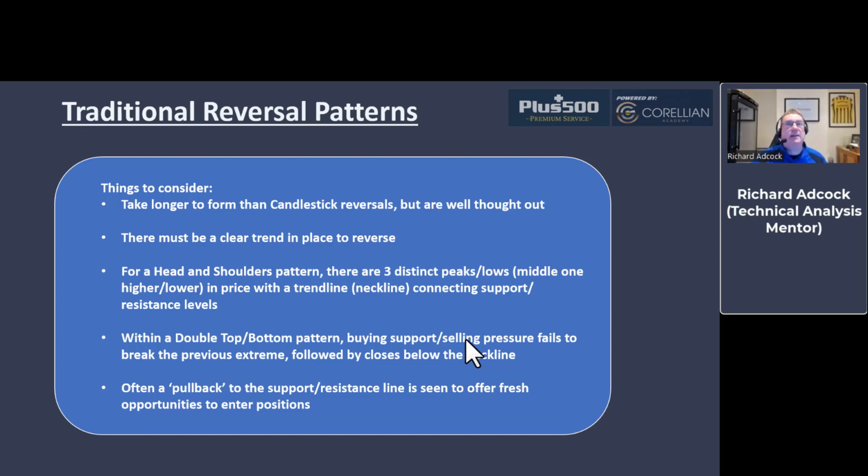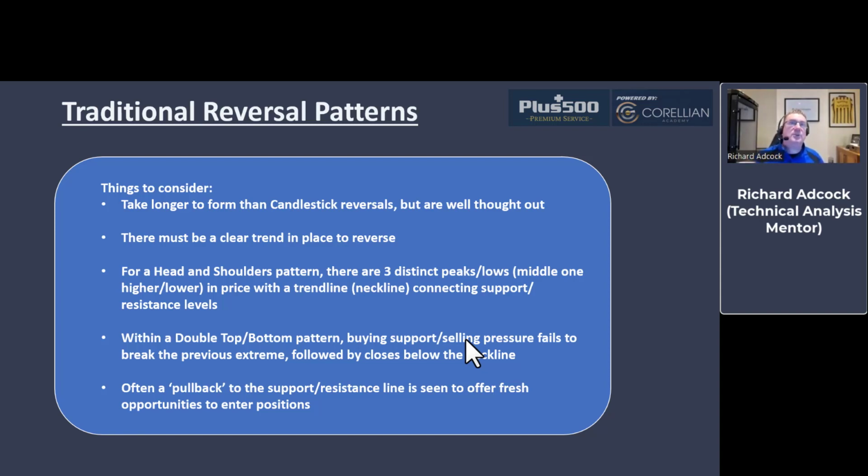So that failure gives us 2 clear, distinct peaks within for a bearish reversal or troughs for a bullish reversal, again with closes above or below the neckline, as reflecting the important sentiment shift and confirming the directional change in price.